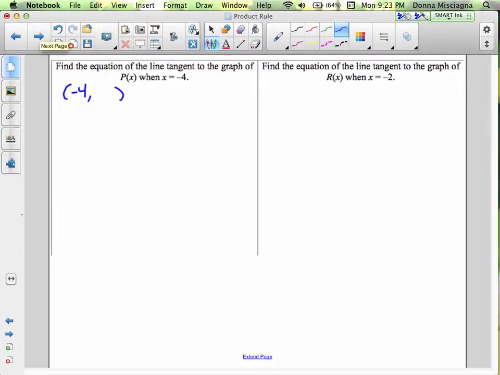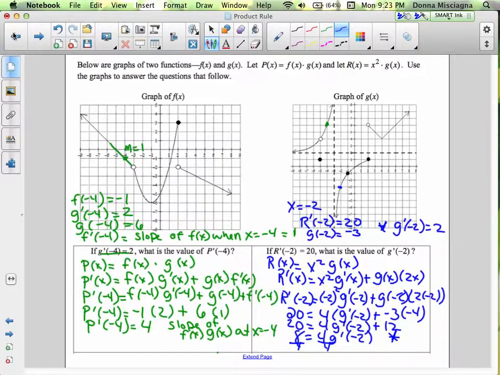And p of x, that was this one over here. And p of x is f of x times g of x. Right? So we need p of -4. I'll find it over here. I probably should color code. All right, so we need p of -4 for the next part.